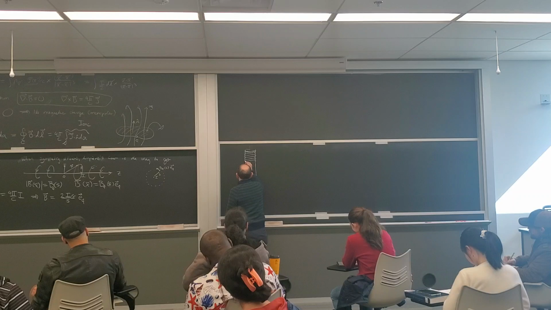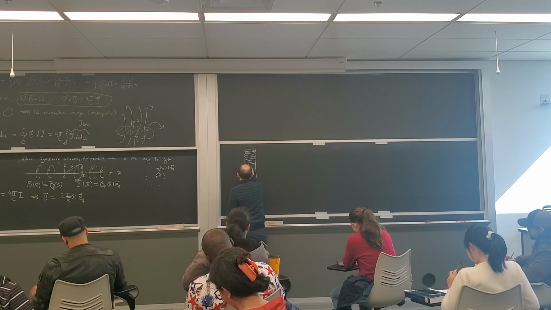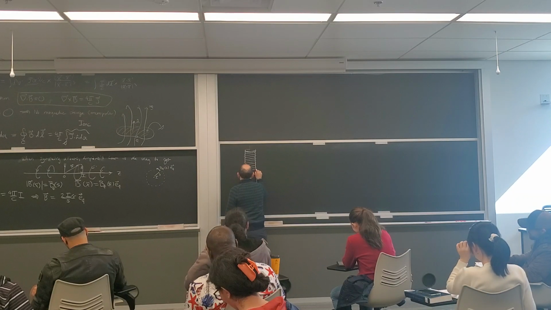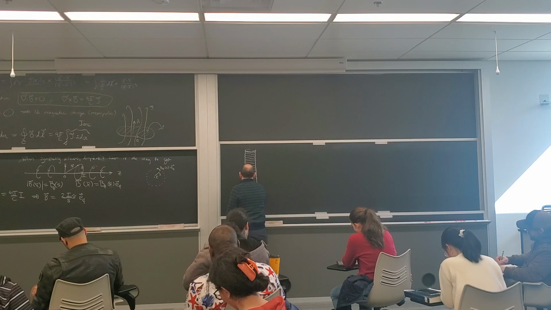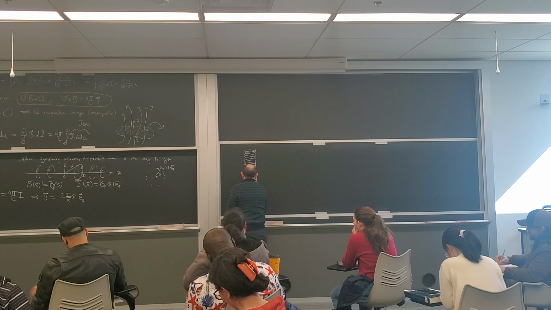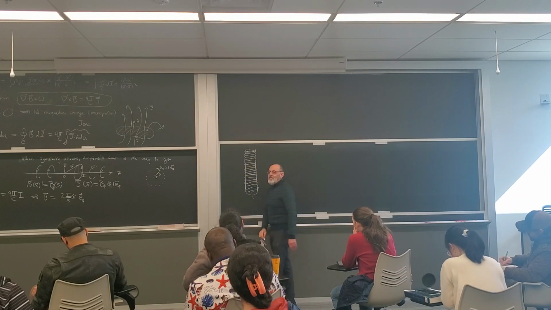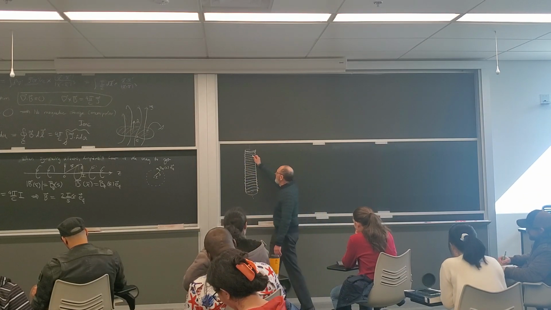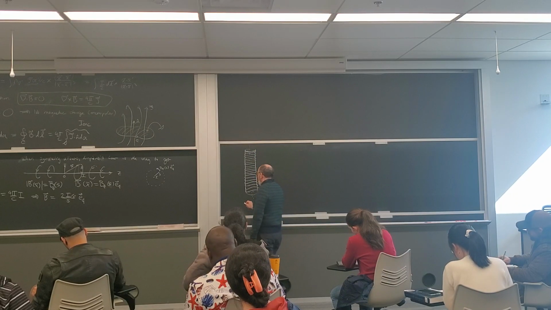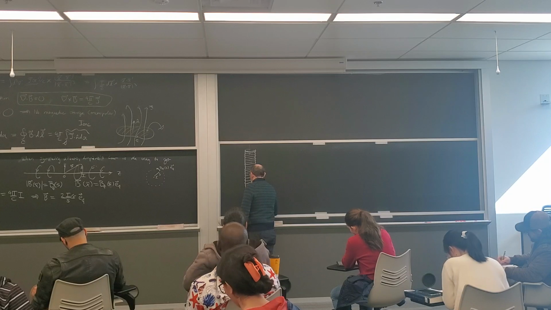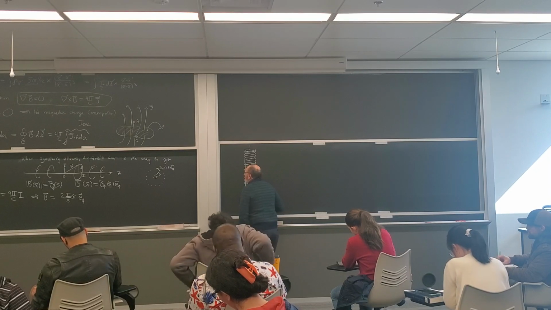Now, I'm not drawing them so tightly wound because I'm too lazy, but they really should be completely tightly wound so that there's no space between them at all. I'm getting even lazier, okay? And the current is flowing around this thing. We know this is called a solenoid, okay?